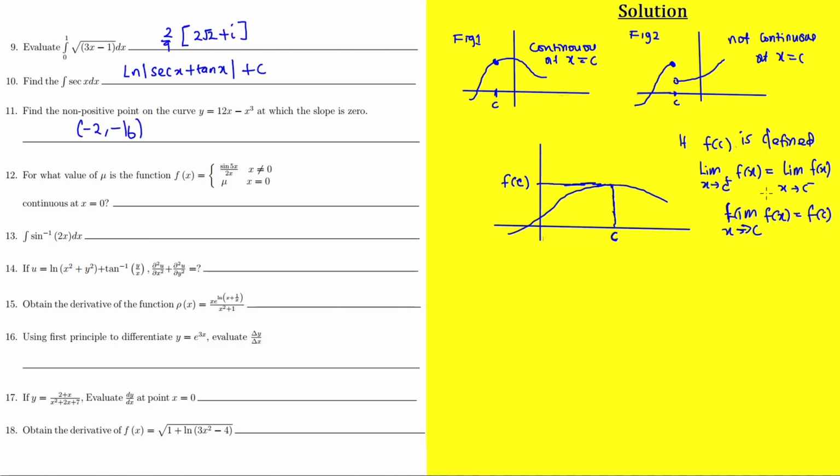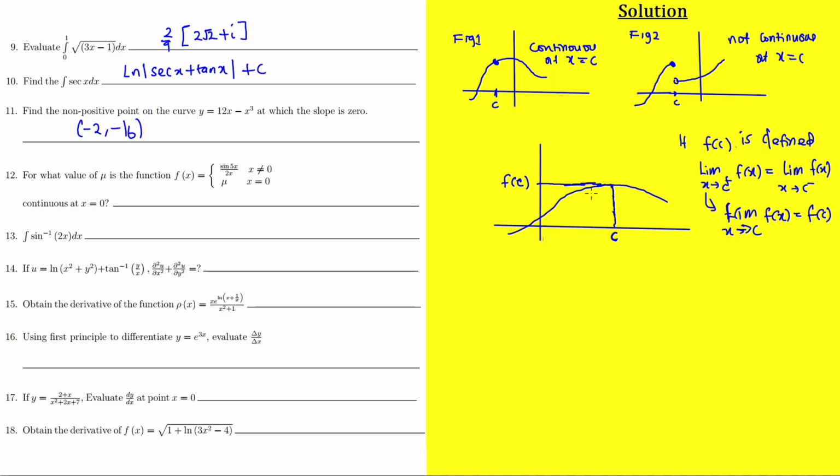So if the left limit is the same as your right limit, that means this is the same thing as the limit as x tends to c of f of x. That means they are equal, so it's the same thing as when x is tending to c, and that will give us our f of c. So this function is continuous at c.